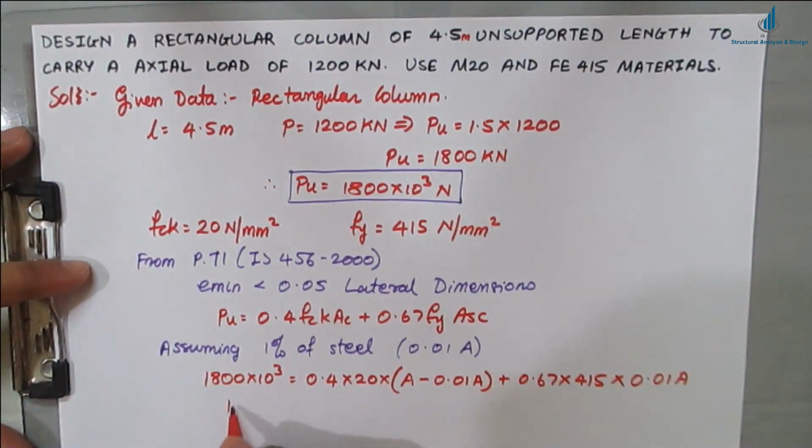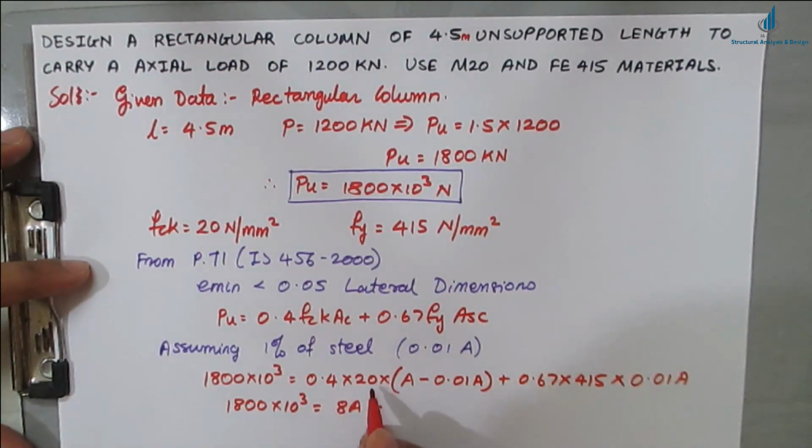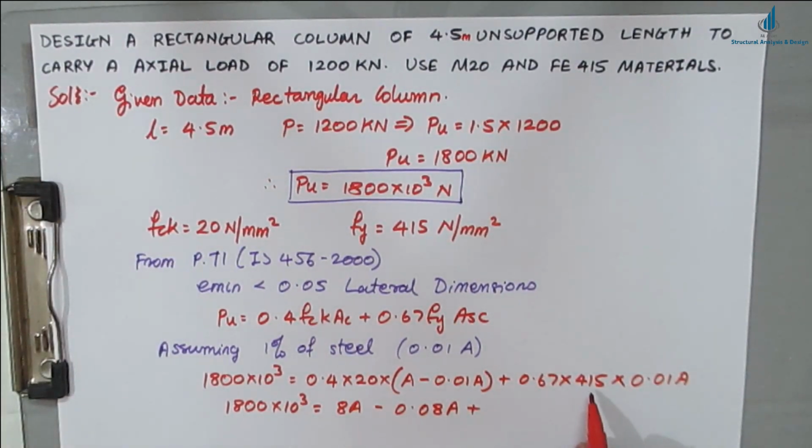Okay, so this will keep as it is, and 0.4 into 20 will become 8A minus 0.4 into 20 into 0.01, which will become 0.08 times of A, plus 0.67 into 415 into 0.01, it will become 2.78A.